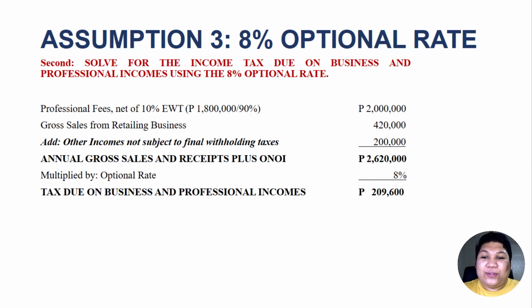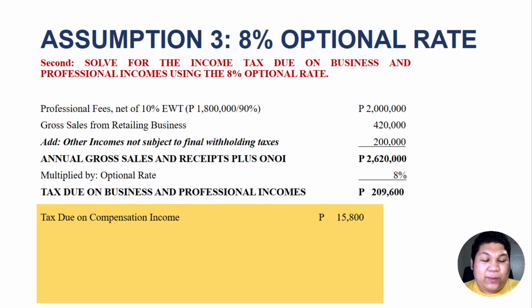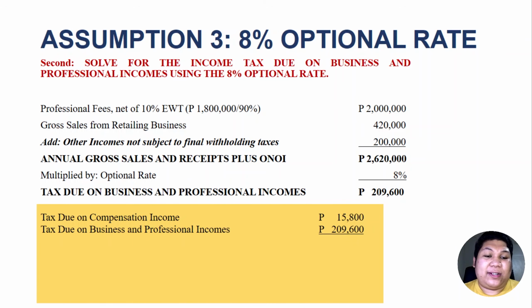So, the tax due on business and professional incomes is 209,600 pesos. And we will add them together. Our tax due on compensation income is 15,800, and our tax due on business and professional incomes is 209,600 pesos. And from then, we will get the total tax due of 225,400 pesos.